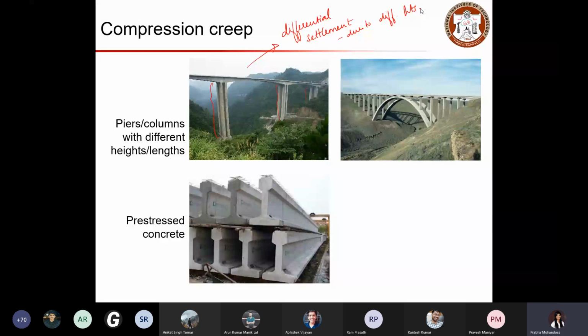Another example is pre-stressed concrete, where you apply axial pre-stress to enhance the performance of your structure. When your structure is already under stressed conditions in the axial direction, over the duration that is going to induce creep losses. So you may experience long-term losses.